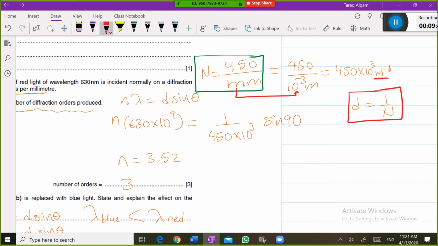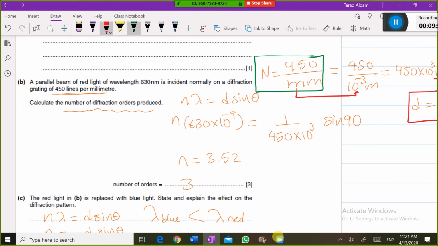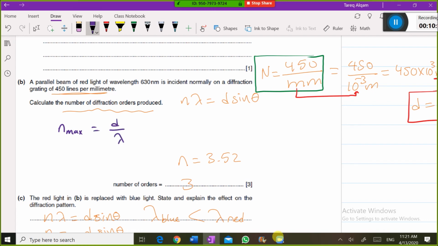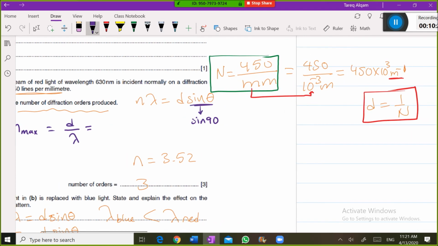Substitute now in the formula. I may substitute here sine 90, which is 1, or I may use d over lambda, and it will give us the same thing. d is 1 over N. This is positive.